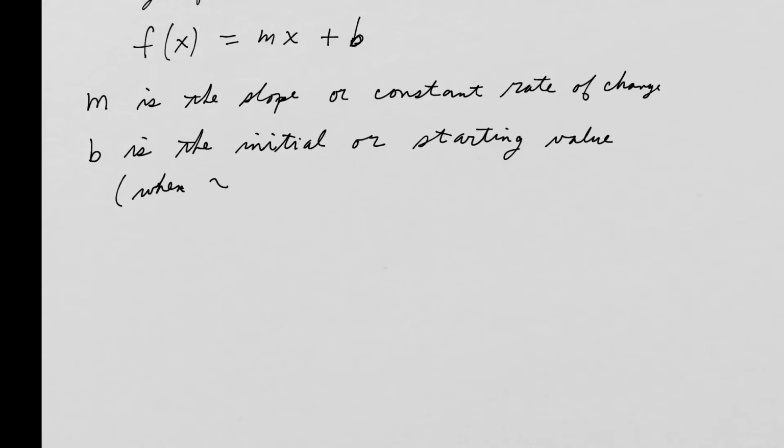So when x is equal to 0, that's what I mean by the initial starting value. The other way that you guys know b, and if I write it, you really want to be careful here, I want to write it as an ordered pair, a point, 0 comma b is the y-intercept, right? Sometimes we say b is the y-intercept, but if you're being really careful, remember the y-intercept is actually a point, so it's really 0 comma b is the y-intercept.